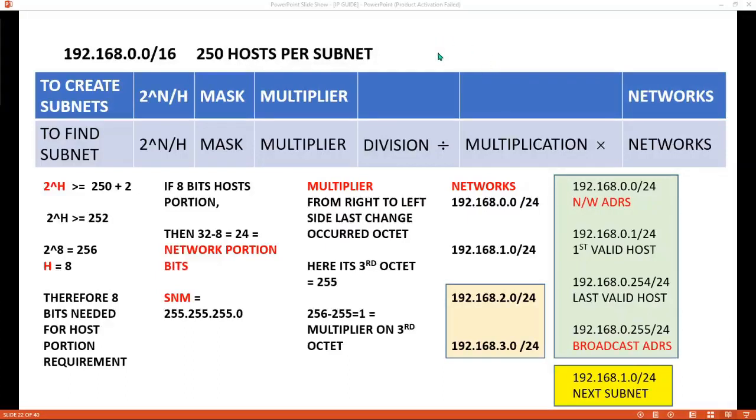Here we are going to use the jargon again: NH, mask, multiplier, networks. For example, let's say 192.168.0.0/16. They are giving you this IP address and they are asking us to calculate for 250 hosts per subnet. So we need to figure out certain network addresses of the first, second and third subnets. The first step is 2 to the power nh.